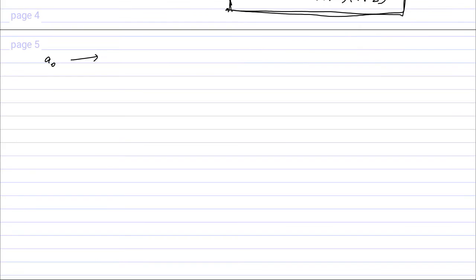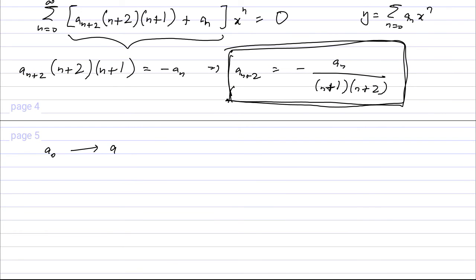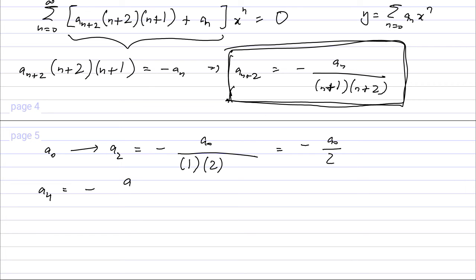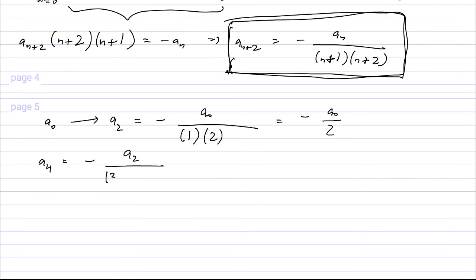So suppose I have a0, then from this I can figure out a2. So I just use the above recursion relation. So I have minus a0 over, and I have n equal to 0 over here, so I have 1 over here, and I have 2 over here. So this is minus a0 over 2. Similarly, a4 is equal to minus a2 divided by, and n is equal to 2 over here, so I have 3 and then 4.